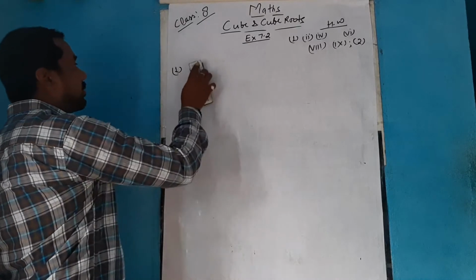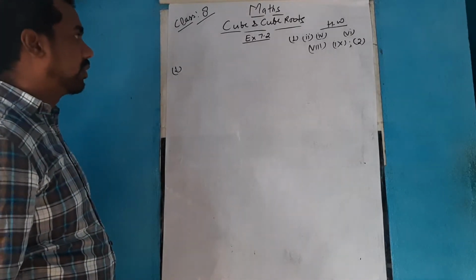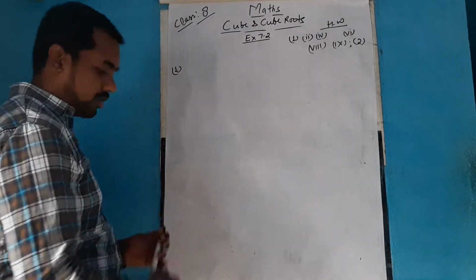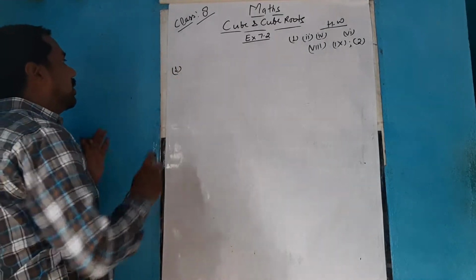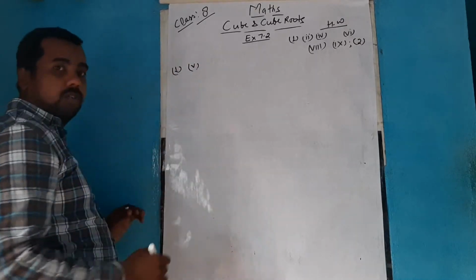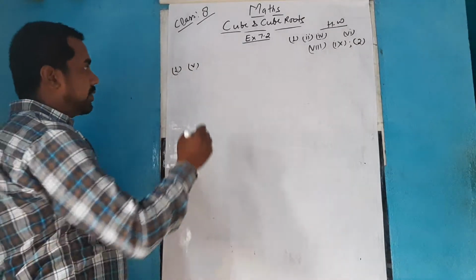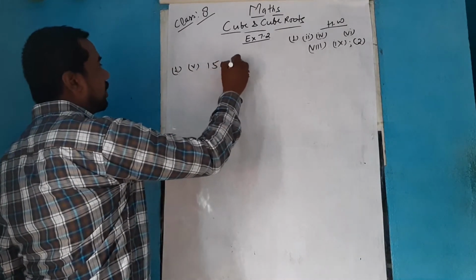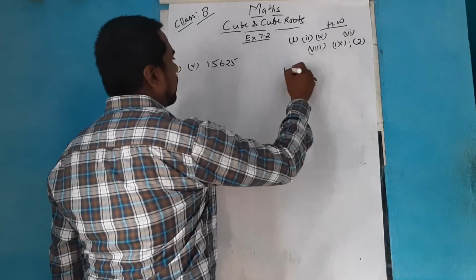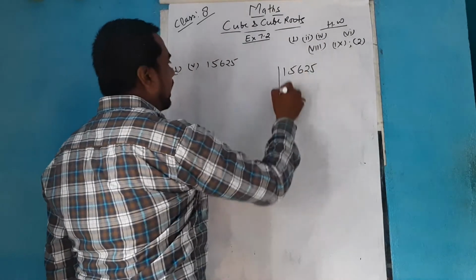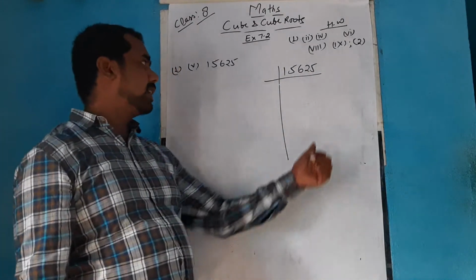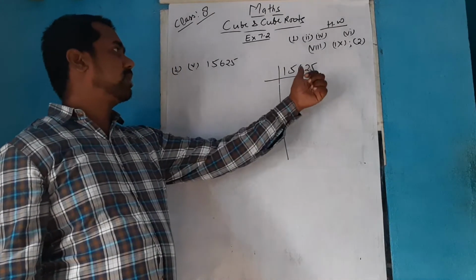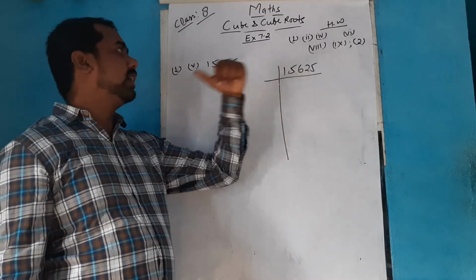Now I go to the fifth part. The fifth part is 15625. As it is ending with 5, but even then first of all we'll check whether it is divisible by 3 or not. 5 plus 2 is 7, plus 6 is 13, plus 5 is 18, plus 1 is 19.